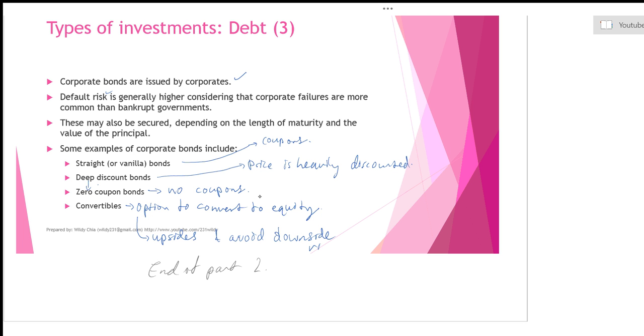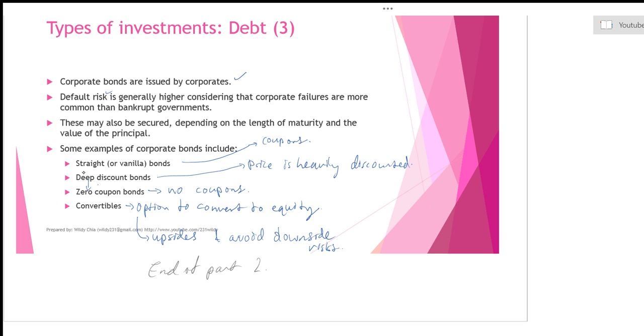So like for instance, if the investors of convertibles realize that the value of the company's equity may be declining, then such investors may not want to convert to equity, and instead what they may want to do is hold on to the convertible bond, right, until it matures.